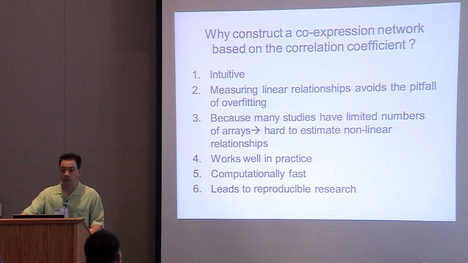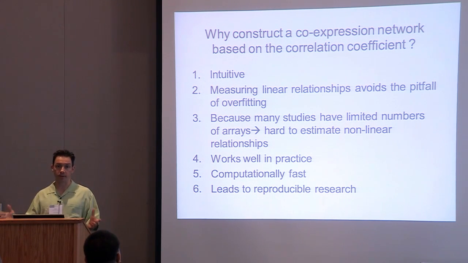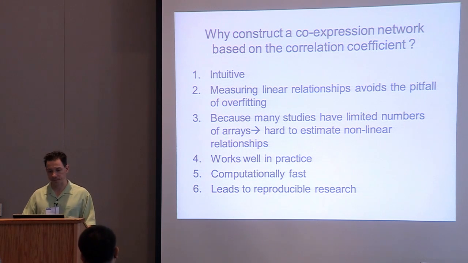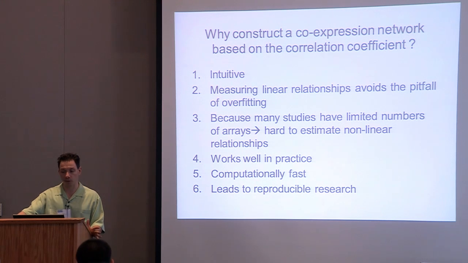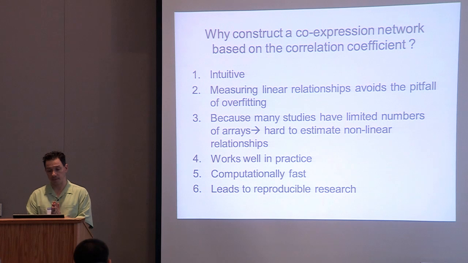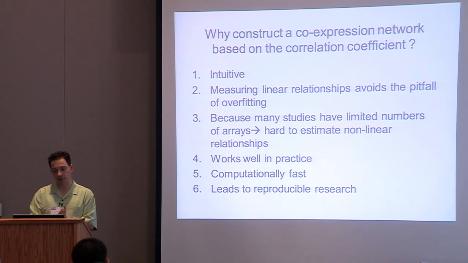So another question is, why do we construct a co-expression network based on the correlation coefficient? As I mentioned, later in the course we describe many other methods. But there are good reasons for focusing on correlations. The first is, it's of course very intuitive. Even people with minimal training in statistics know what it is. Now, the Pearson correlation coefficient measures the extent of linear relationships.